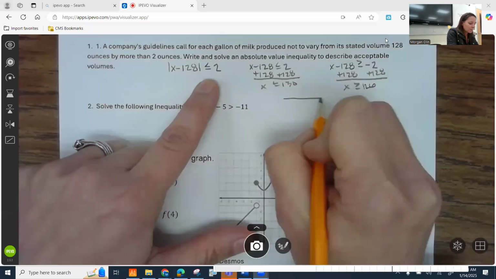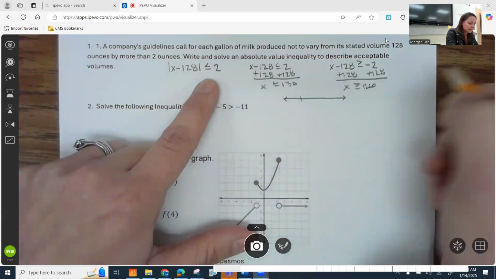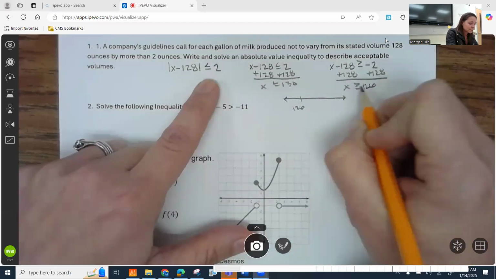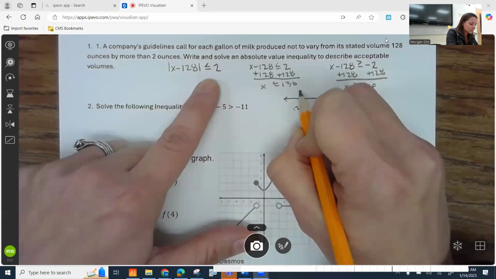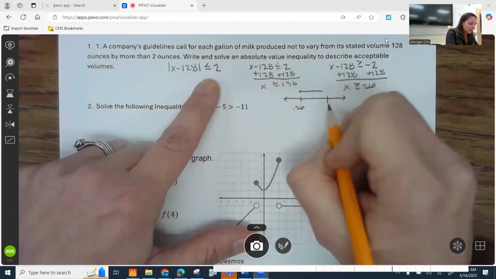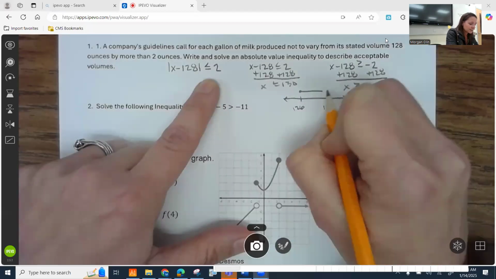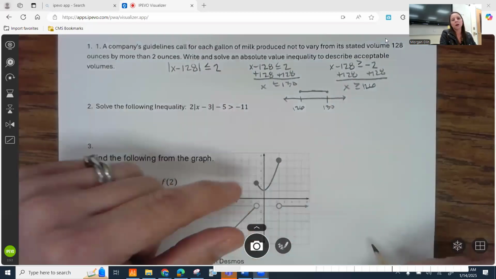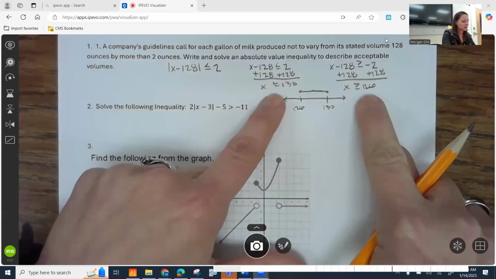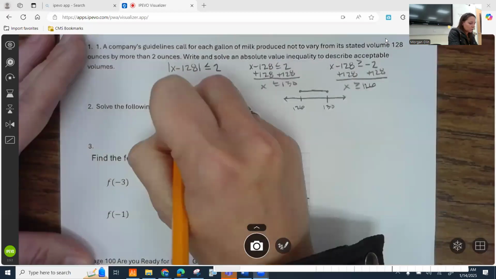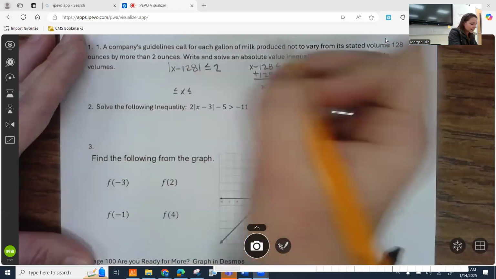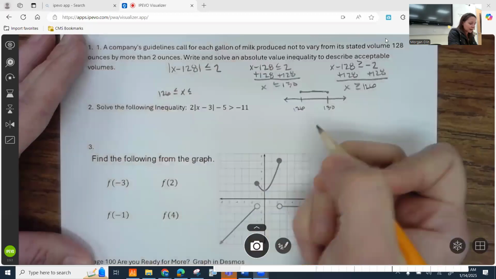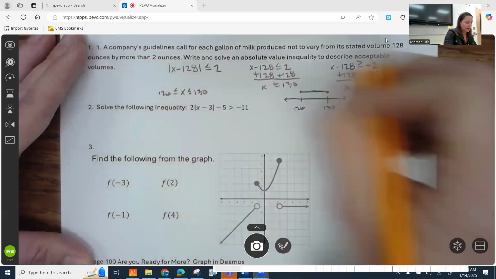If you think about a number line, we've got 126, and this is greater than or equal to 126, so it's going this way. And 130 is here, and this says less than or equal to 130, so it's here. So it's actually an and statement. We're not going to leave our answer like this, as we talked about. You want to write it as an and statement: put the lesser number on this side, put the greater number on that side.